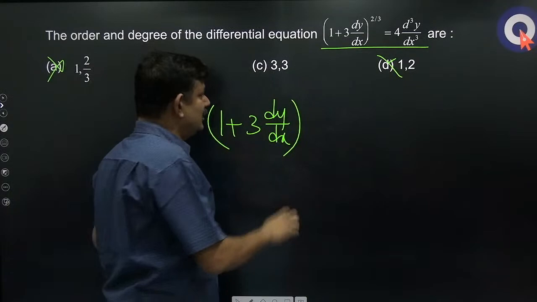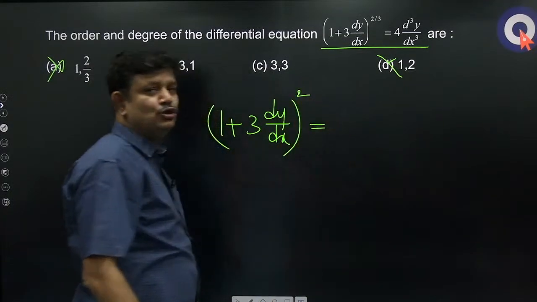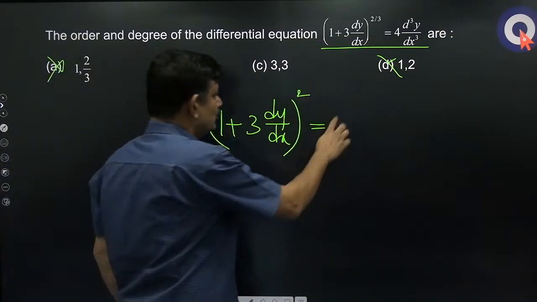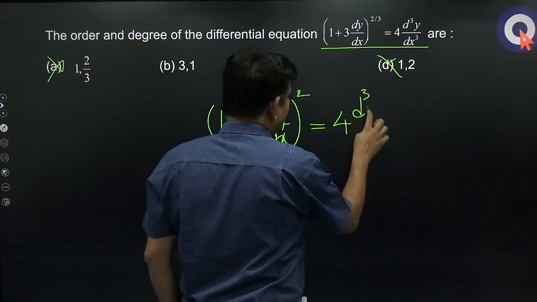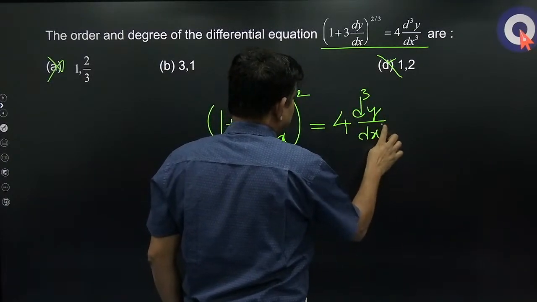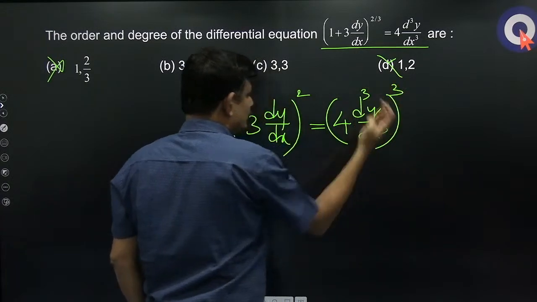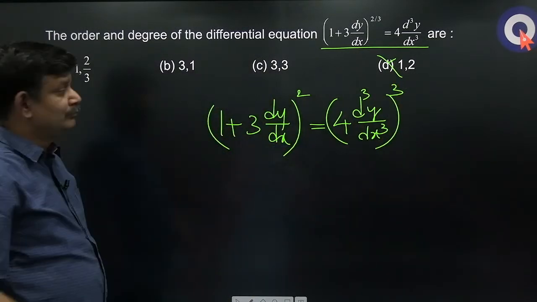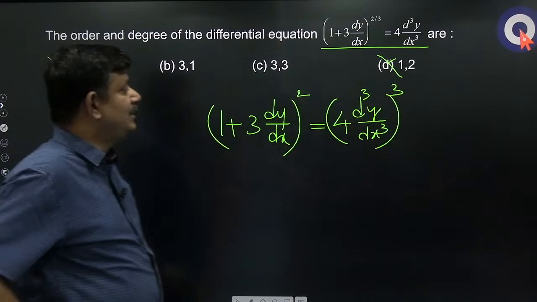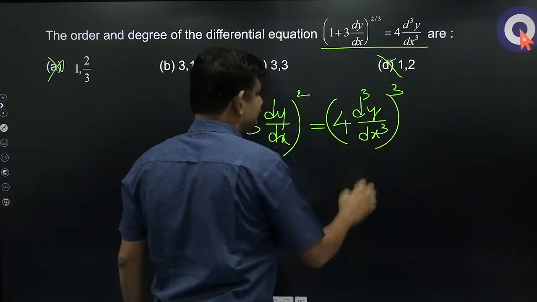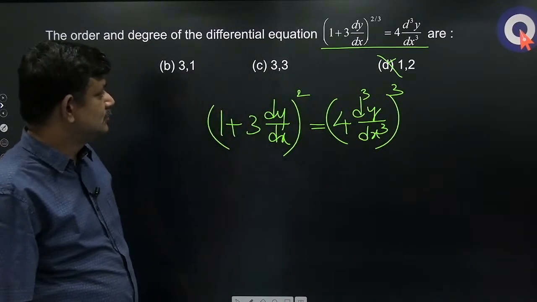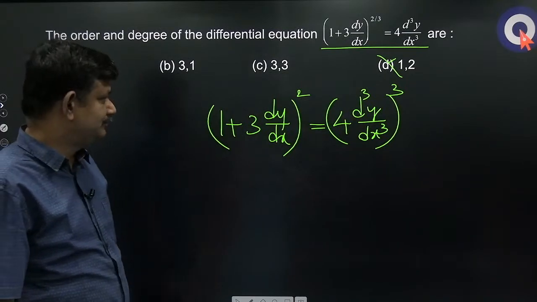You have to remove the 2/3. For that, what do I have to do? Cube on both sides. So 4 d cube y by dx cube whole cube. ठीक है. Now it is in polynomial form.